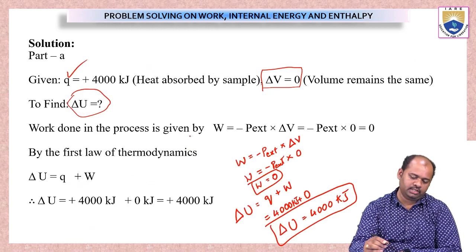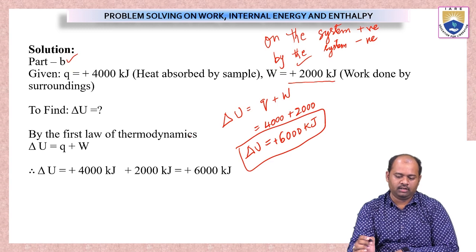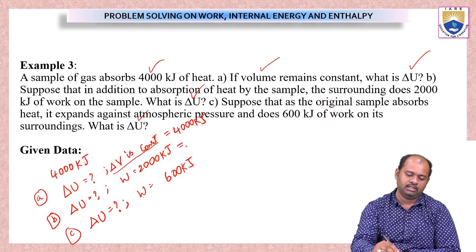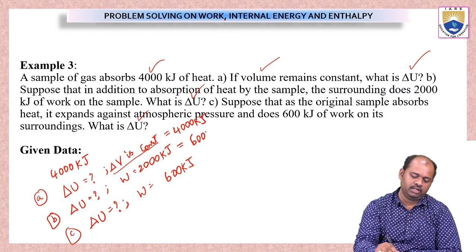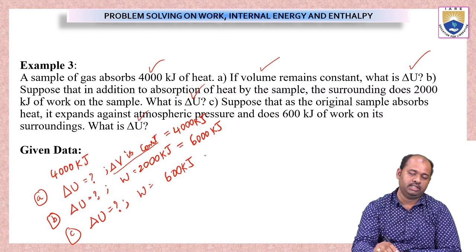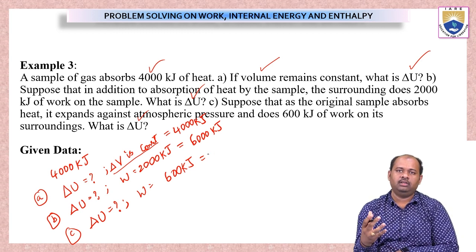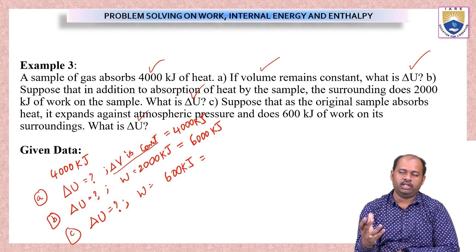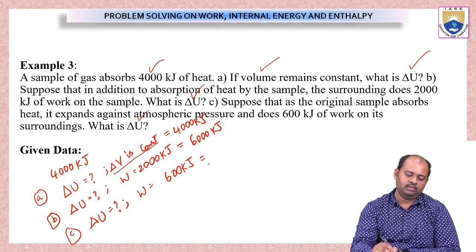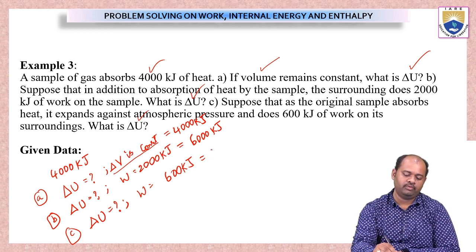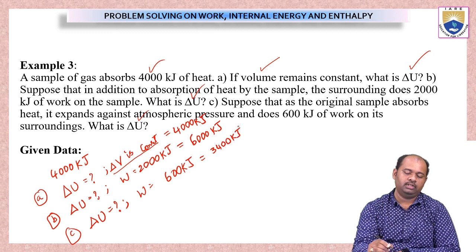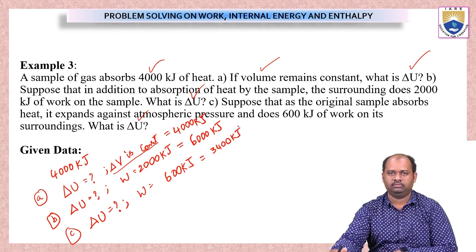In the second condition, where the work of 2000 kilojoules is done on the system, we got the value as 6000 kilojoules of change in internal energy. And in the third case, where 600 kilojoules of work is done by the system, we got the value as 3400 kilojoules of change in internal energy.